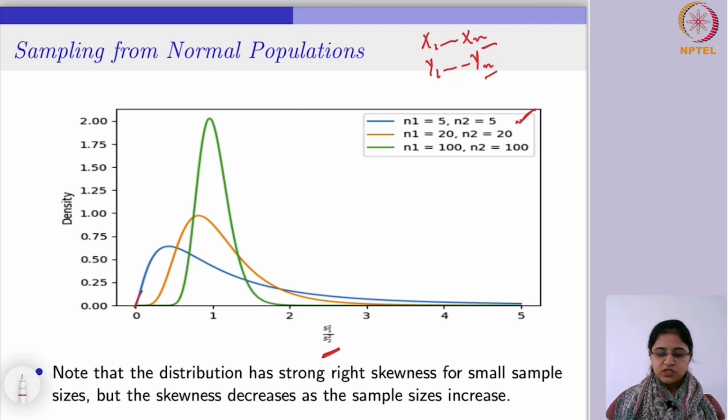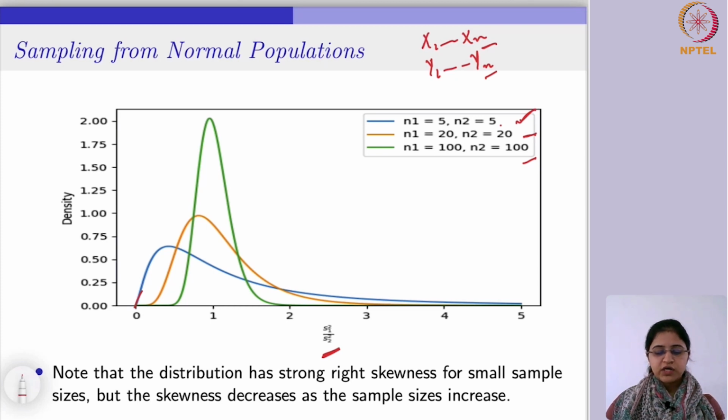Okay, so this blue is corresponding to sample size 5, and then if you increase the sample size to 20 and 100, this is how your skewness is decreasing as the sample size is increasing. Okay, this is regarding when you are taking samples from normal populations.